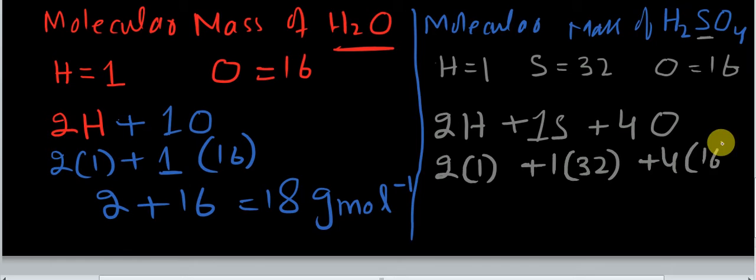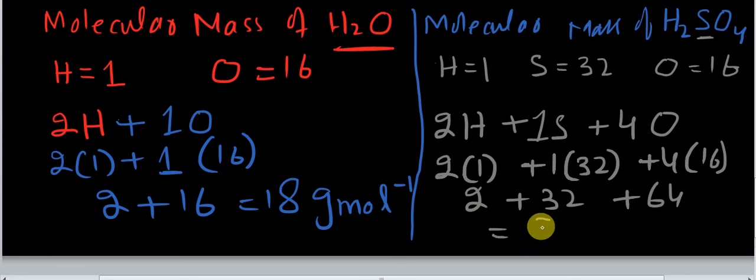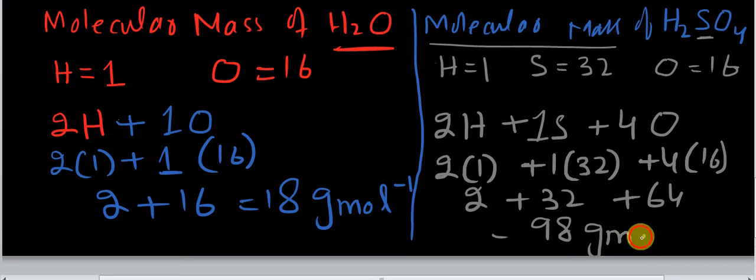Oxygen has 16. 2 ones are 2 plus 32 plus 64 is equal to 98. And the unit of molecular mass is grams per mole. So this is the method to find out the molecular mass.